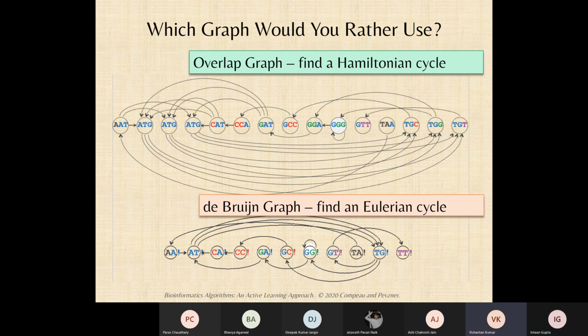The De Bruijn graph is much less complex. When you say much less complex, that means it has fewer edges and fewer nodes, and fewer connections as well, right? Overlaps. So now, is it obvious to have fewer nodes? Isn't it obvious that it would have fewer nodes?